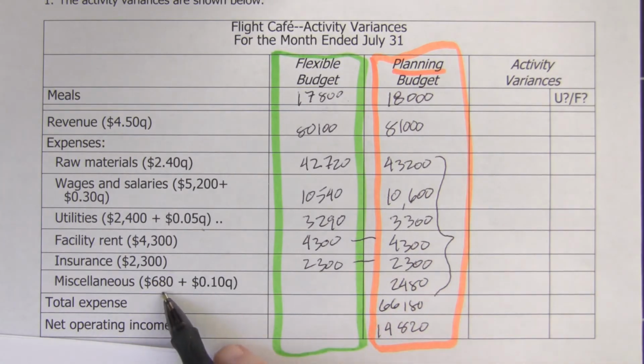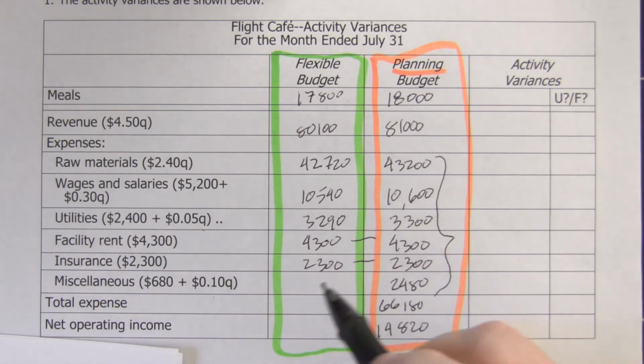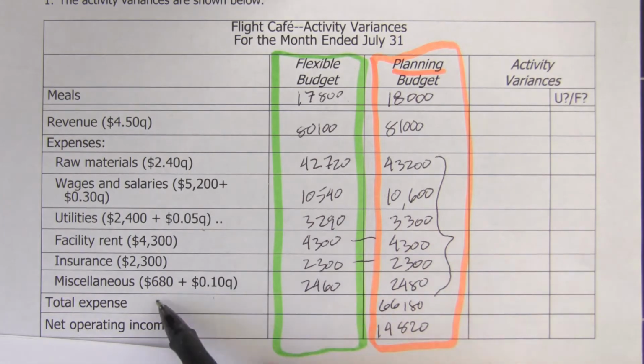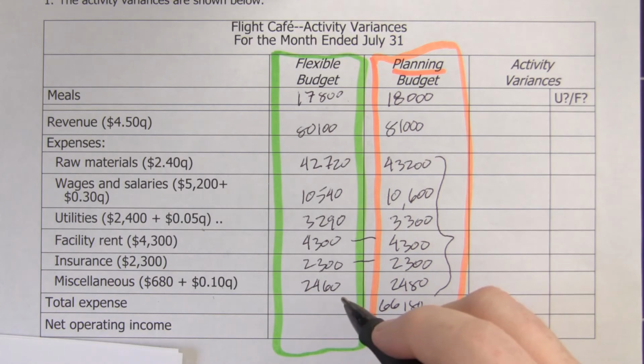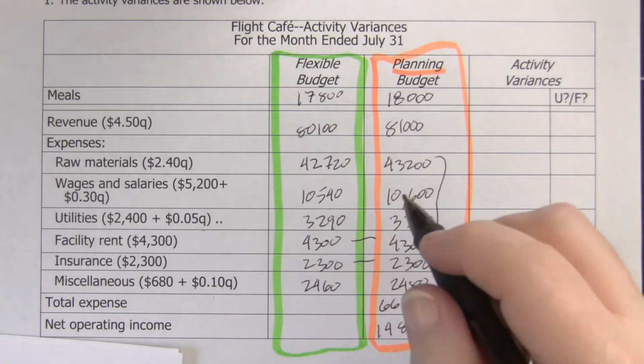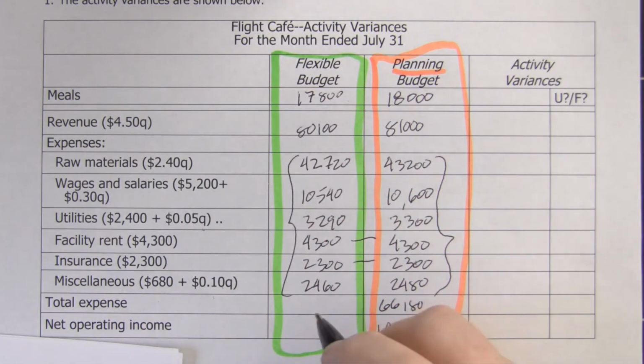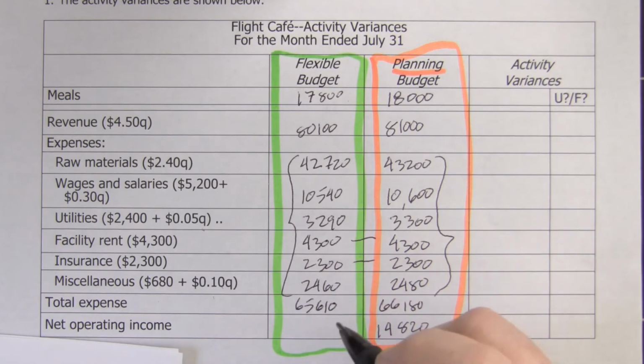Miscellaneous will vary because it has a fixed portion and a variable portion, and it's 2,460 when you do the math: 680 plus 10 cents times 17,800. So our total expenses come to 65,610. And our net operating income is 14,490.